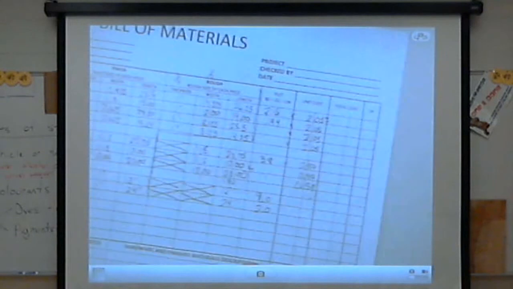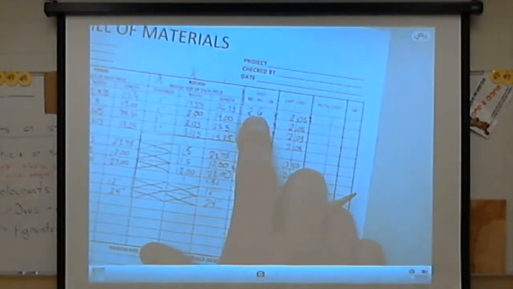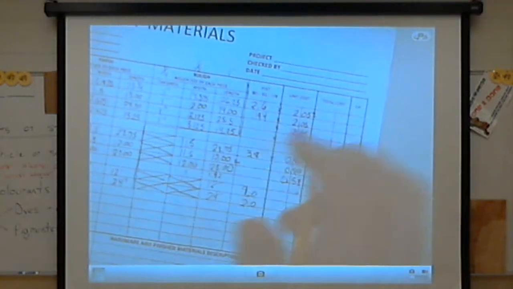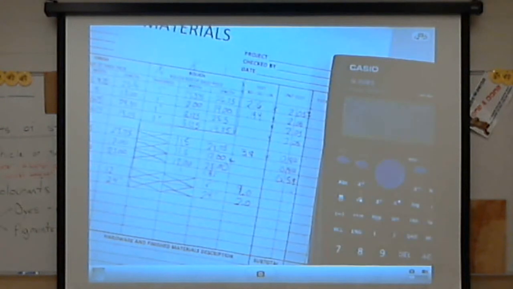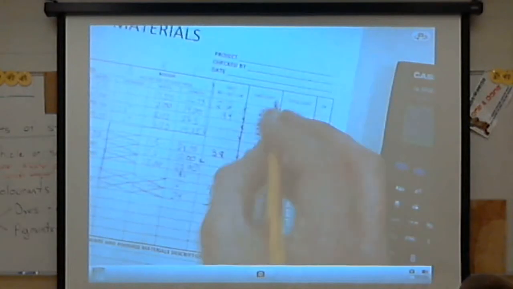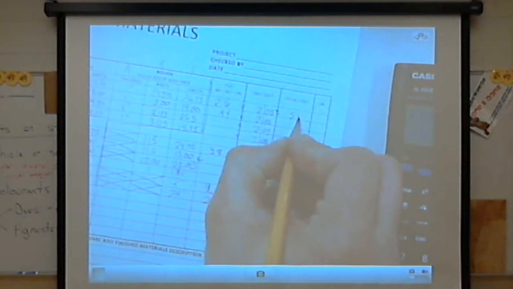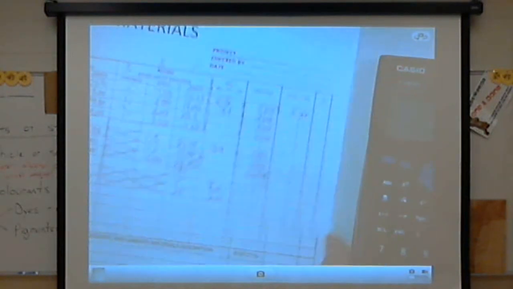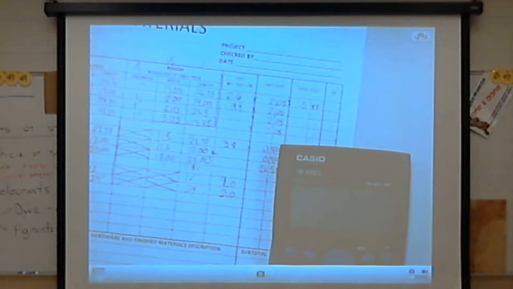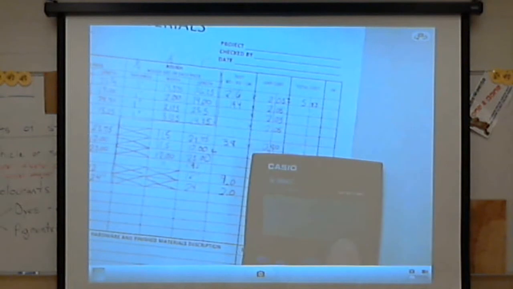All right. So what you're going to do, like I said, is add these all across. So if I had 2.6 times 2.05, the total cost for my top is going to be $5.33, right? If I have my handle, 0.194 multiplied by $2.05, that's going to give me $0.40.